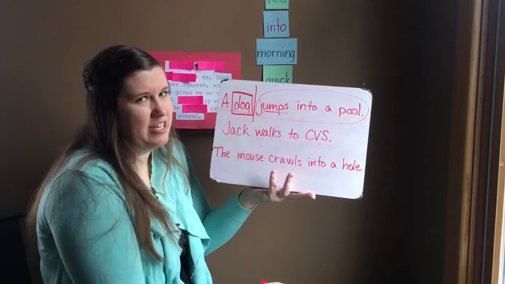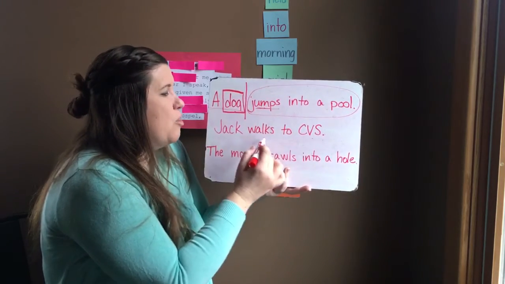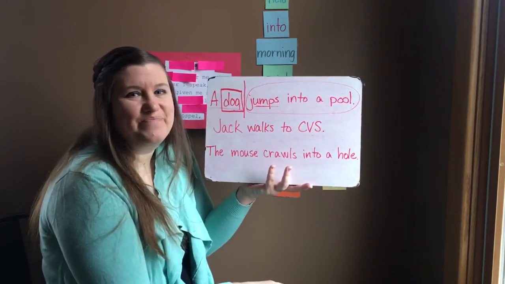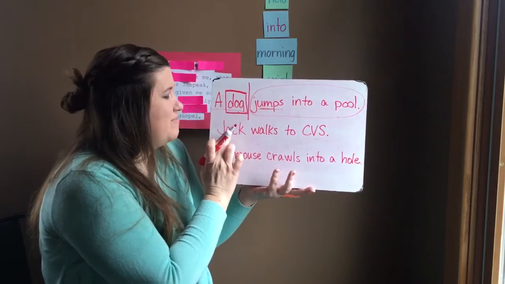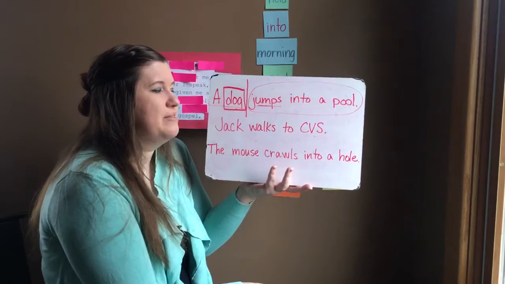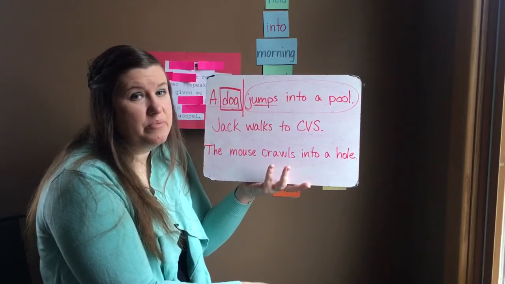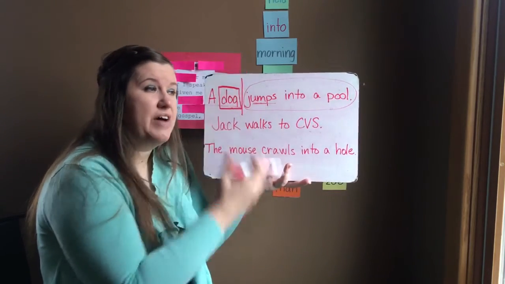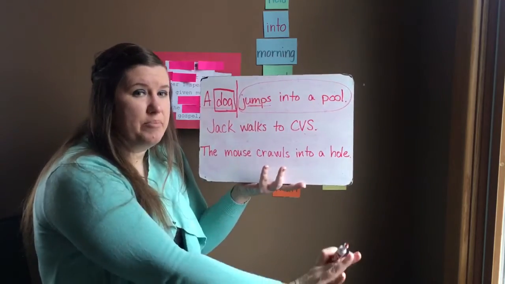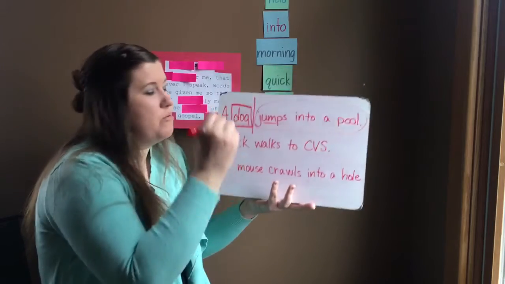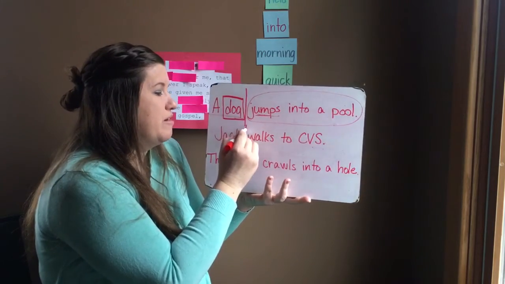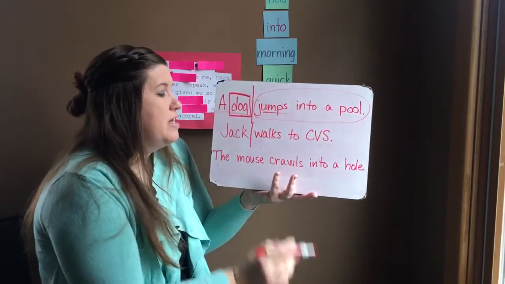Okay, so let's look at this next one. Jack walks to CVS. Where do we split it to divide the subject part and the predicate part? Verb, walks. So we split it with our vertical line here.